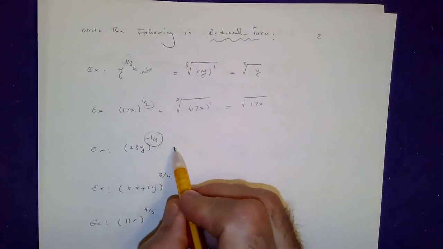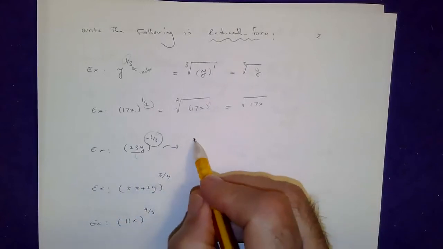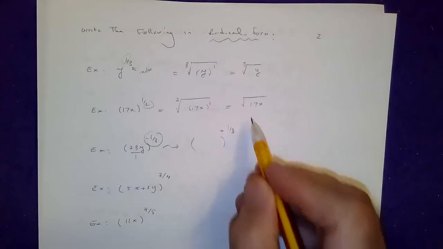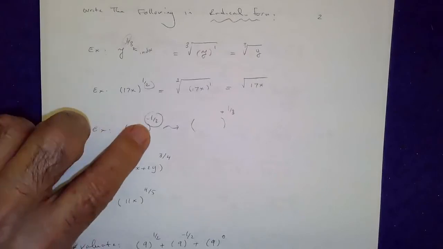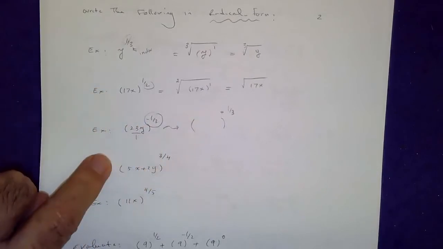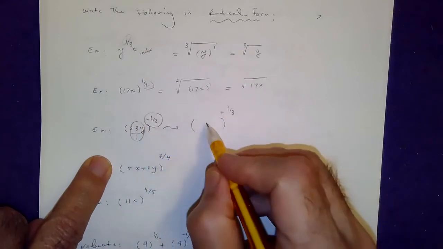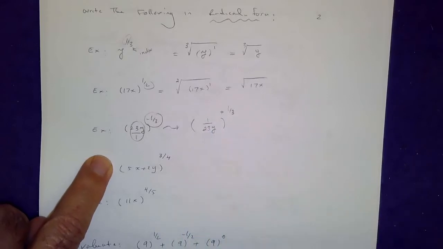Well, a negative exponent is a bit tricky because first you have to convert it to a positive exponent before you change it to radical form. How do you change a negative exponent to a positive exponent? You just flip this fraction. So you write this as 1 over 23y.